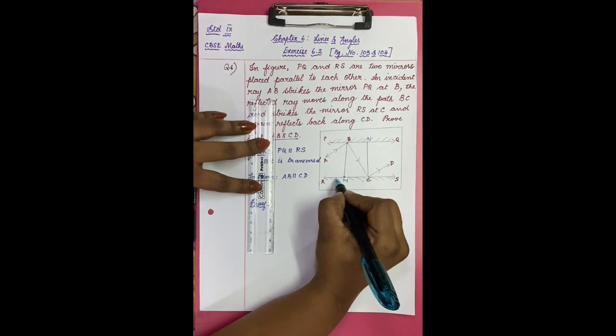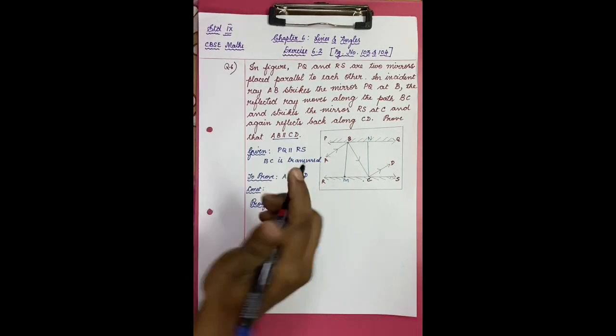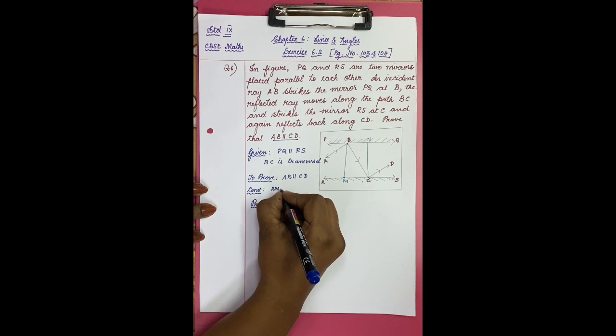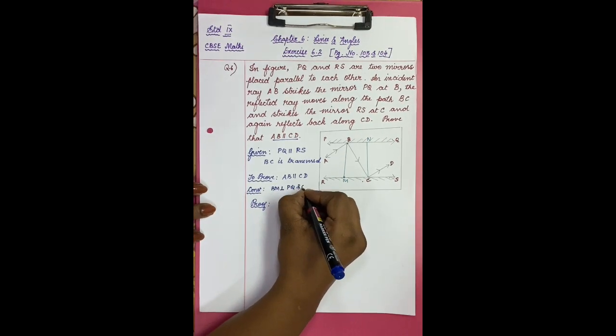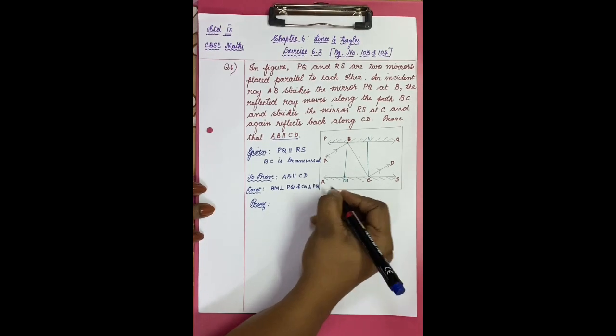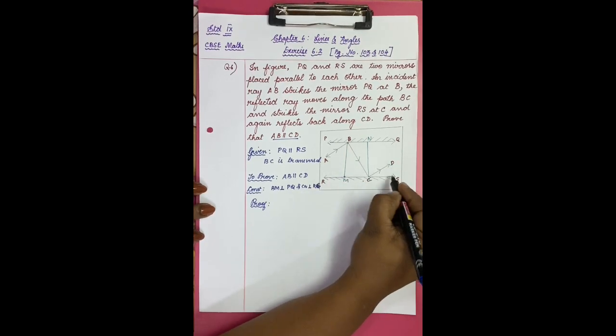So we are constructing two normals. As I said, we are not using the physics terms, so we are just writing BM perpendicular to PQ and CN perpendicular to RS.